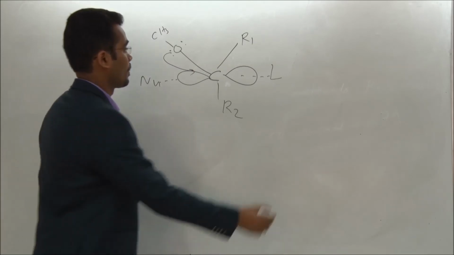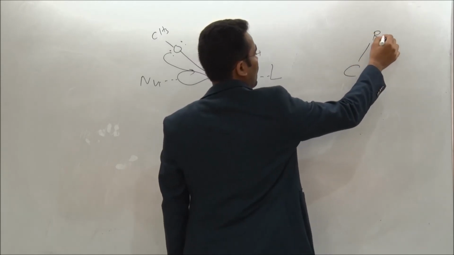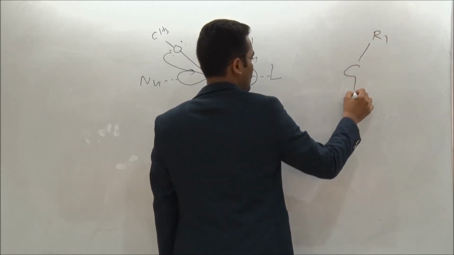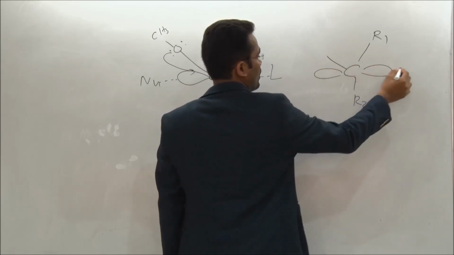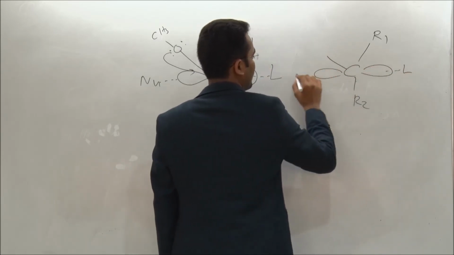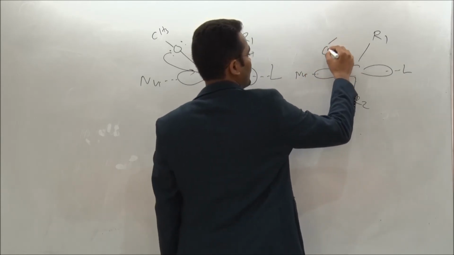Similar to this, if we have carbon, and here is R1 and here is R2, leaving group, and here the nucleophile, and we have a double bond.